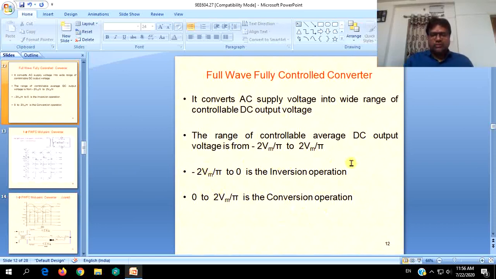These things will be discussed elaborately in the following sessions, when we consider RL loads.